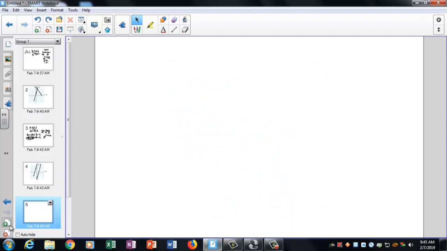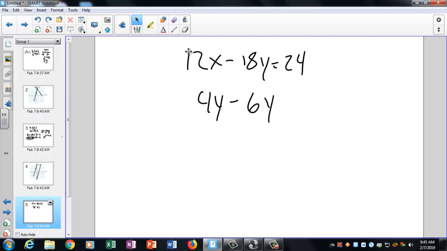And what you see here where we got 0 equals 0, just to show it, what you have is 12x minus 18y equals 24, and 4x minus 6y equals 8.